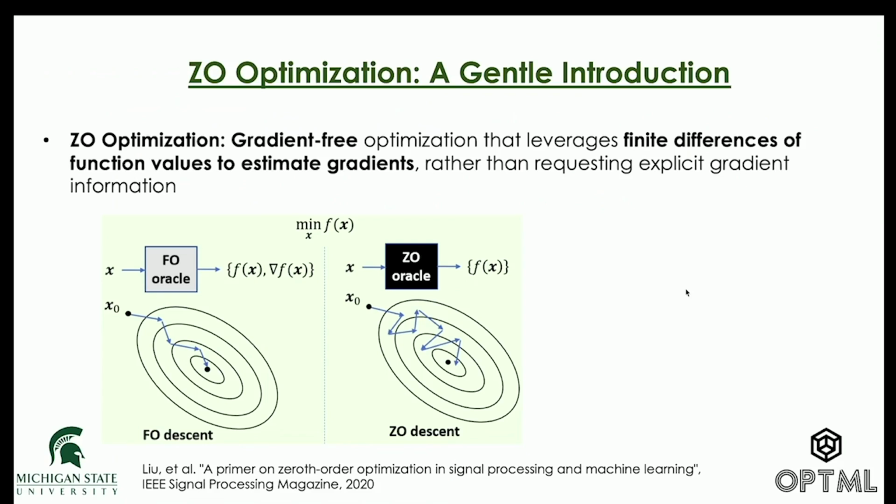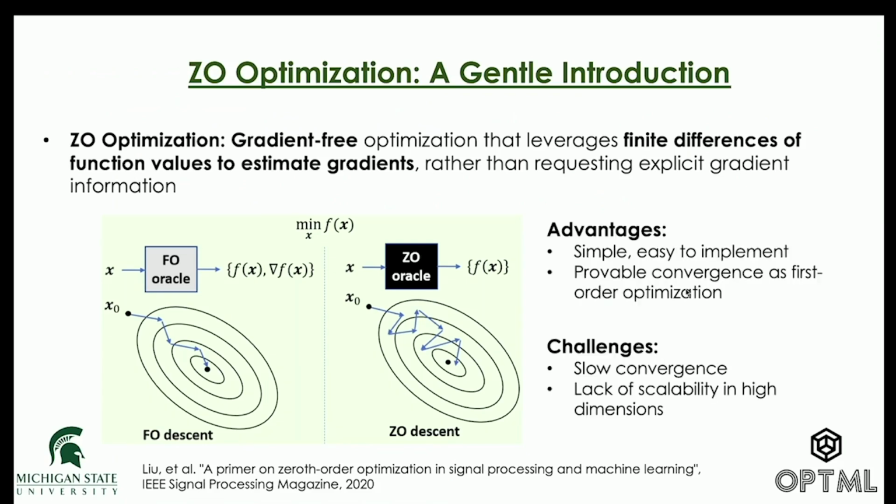And clearly, there are some advantages, right? If we can use function values to estimate the gradient, and suppose the gradient estimation is accurate enough, then we do not have to rely on the first order gradient method, and we can just use this gradient estimation to update the model parameters. For example, if we want to do the fine-tuning task, it's very simple and easy to implement. You just replace the first order gradient with this finite difference based gradient estimator.